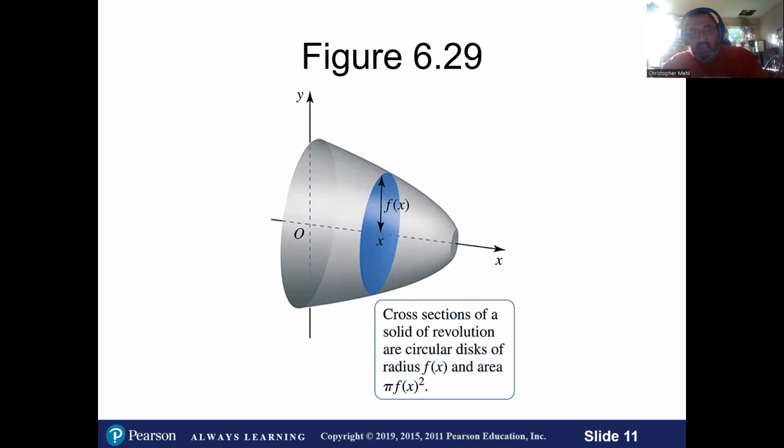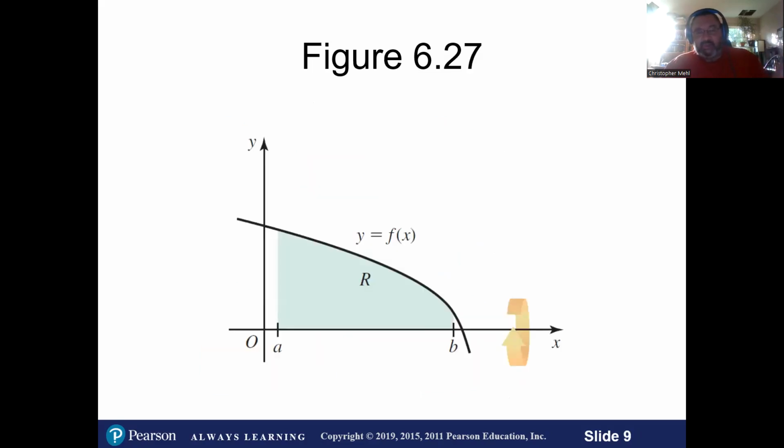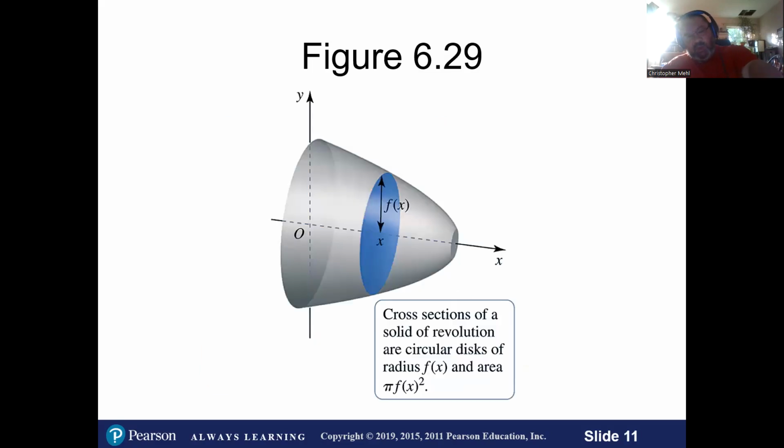So the cross-sections of a solid of revolution are circular disks, and the radius of that disk is our function that we started with, f of x, right? That's the radius. So at each point, the cross section of a solid of revolution is a circular disk. The radius is f of x, and of course, the area of a circle is pi r squared, so that would be pi f of x squared.